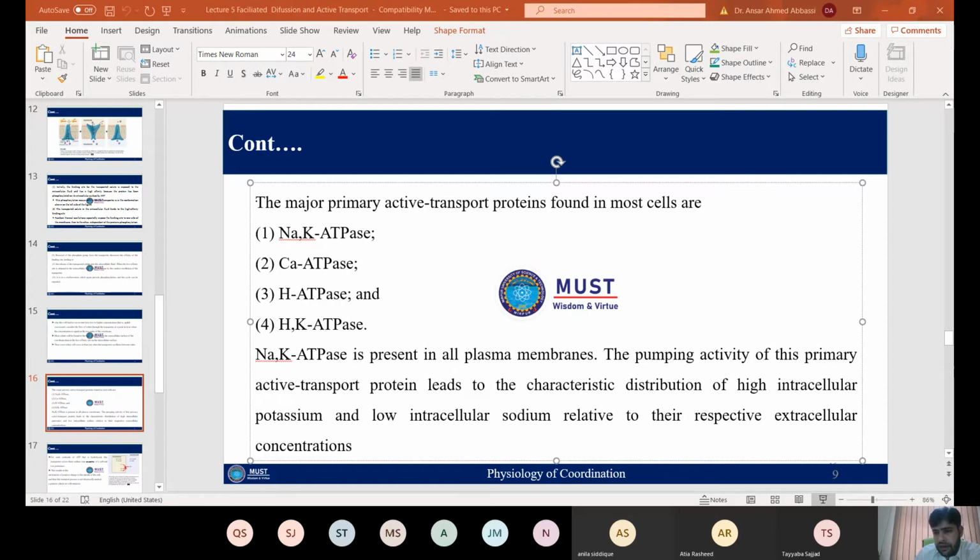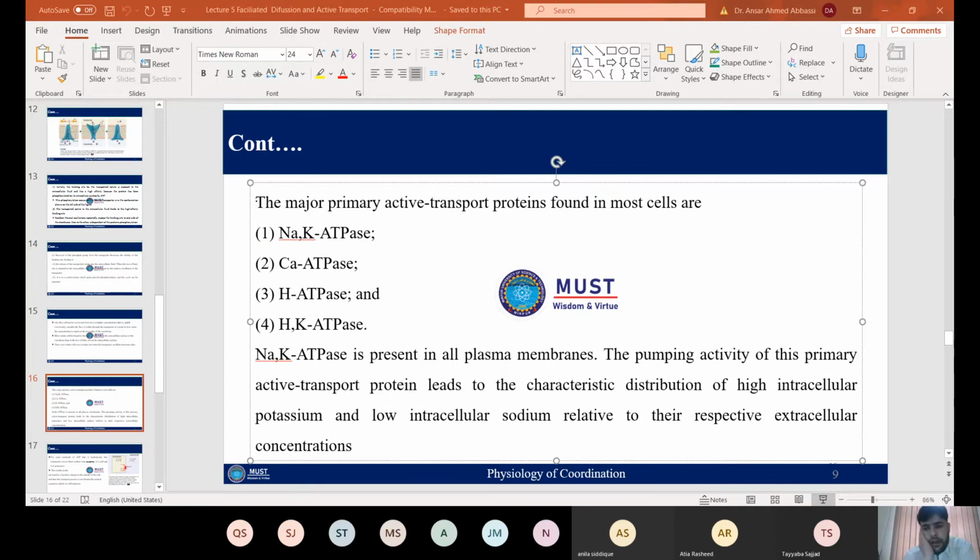So when the active transport is operative, potassium will move from lower concentration to higher concentration, and sodium will move from lower concentration to higher concentration. This is what we call the active transport mechanism.